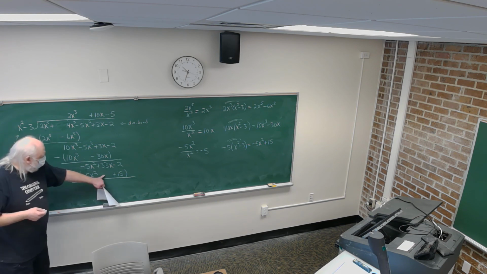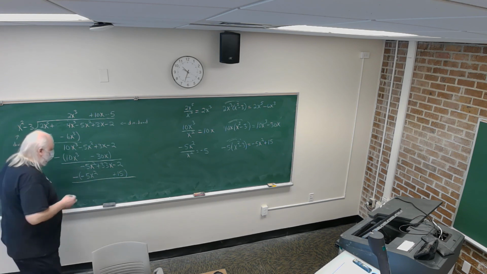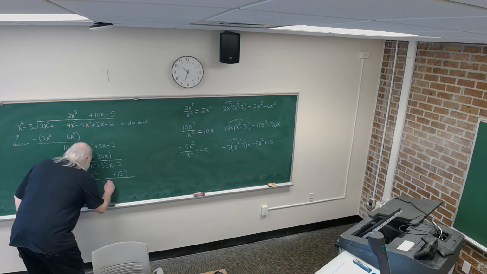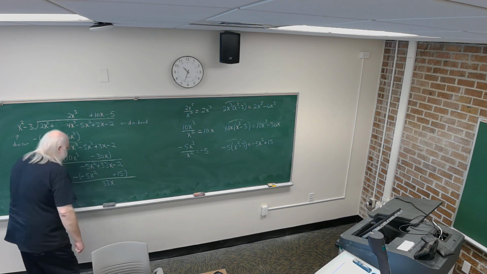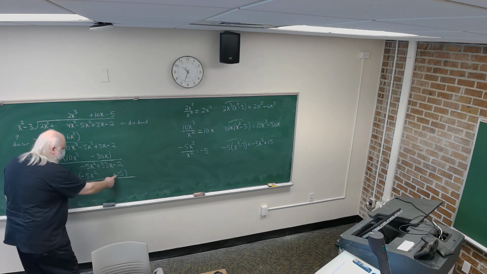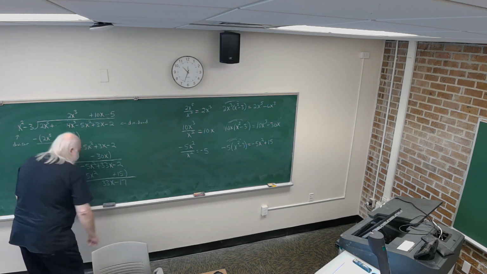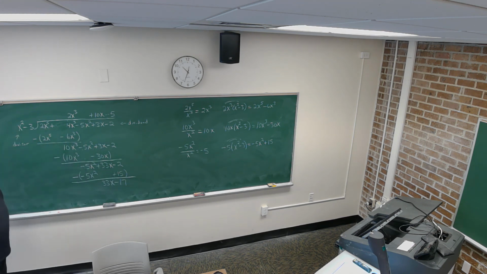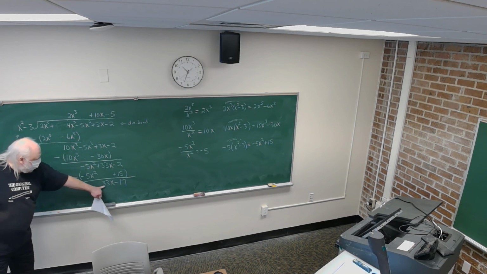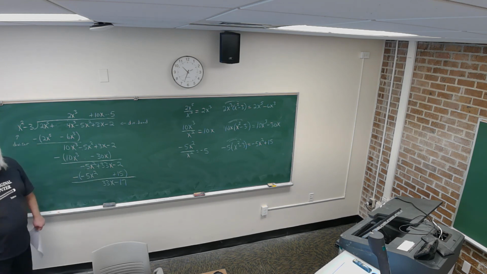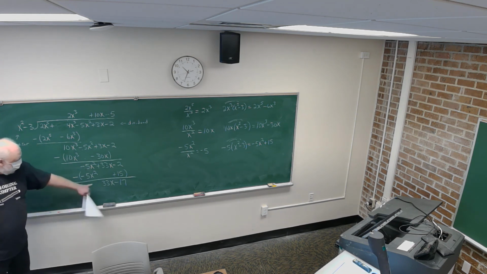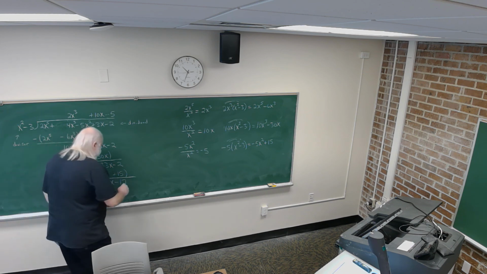This is 0x. 0x plus 33x is 33x. Plus 15 becomes minus 15, minus 2 minus 15, minus 17. Well, you can't do any more division because x squared goes into 33x 0 times. Okay. So this is the remainder down here.